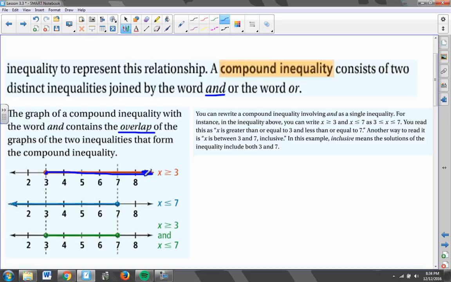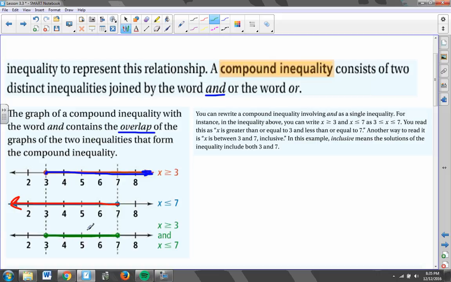And then we could also have x is less than or equal to 7. We put a closed dot at 7 and go less than. So the and inequality combines those two graphs and talks about the overlap between them. So 3 to 7 is an overlap of both of these graphs. So that's the graph of the and inequality.